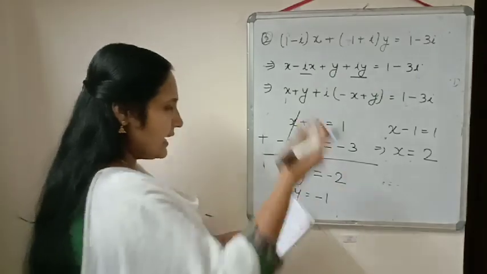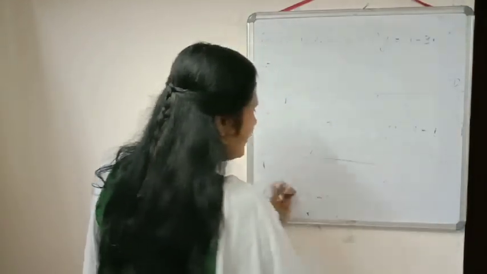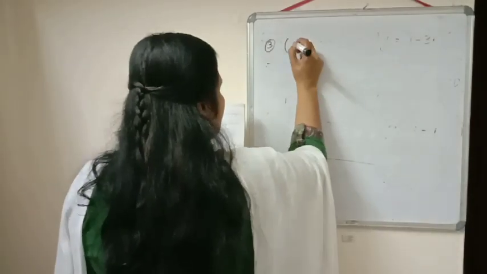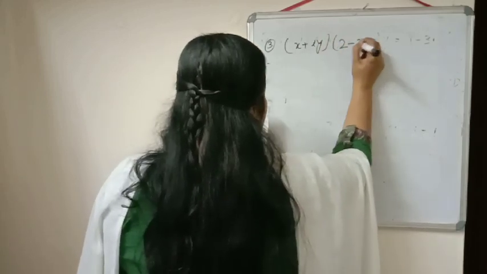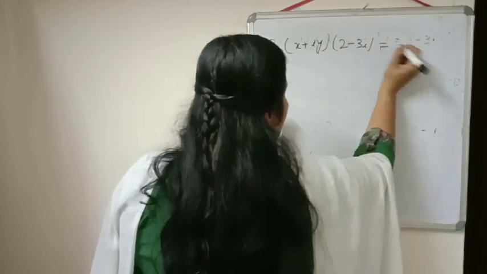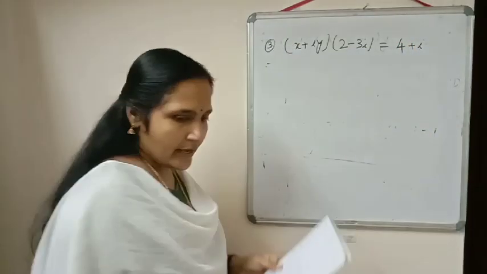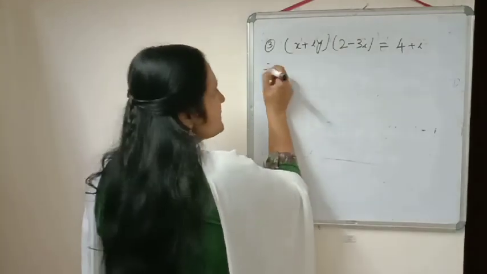Write down: x plus iy into 2 minus 3i is equal to 4 plus i, with x plus iy written in a bracket.